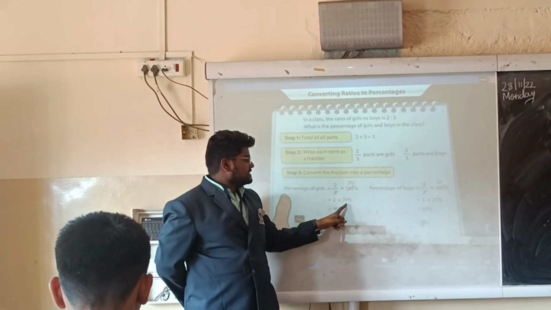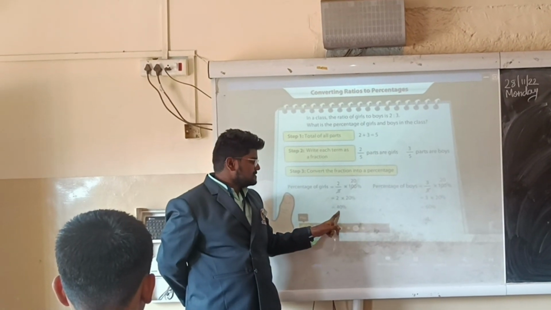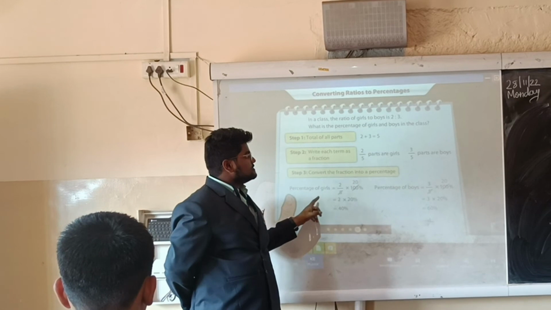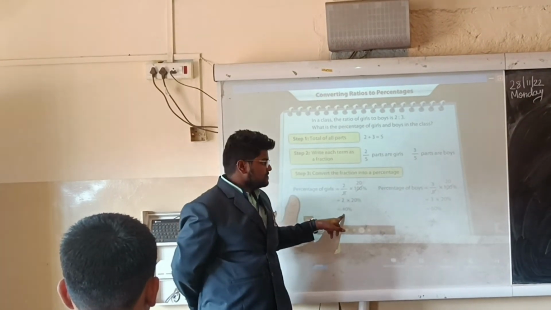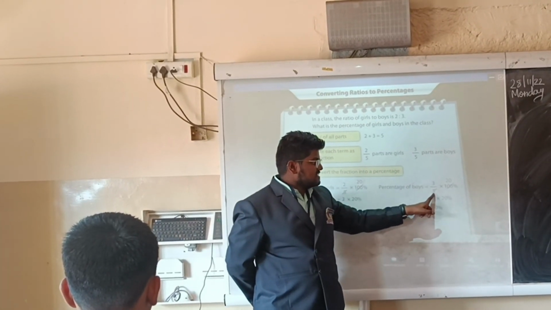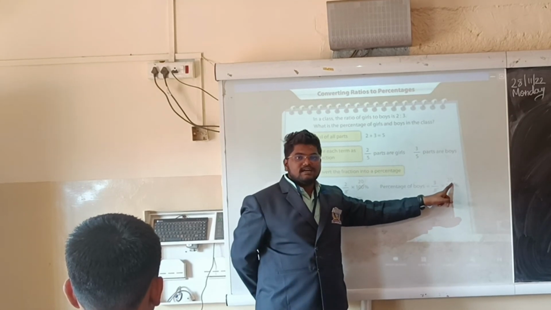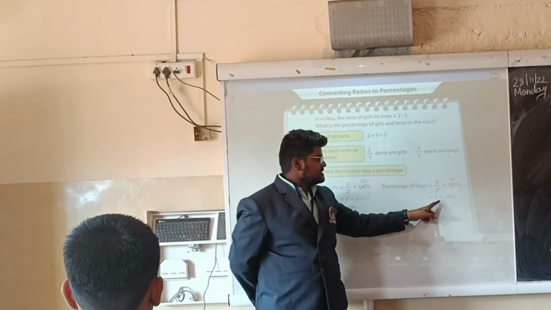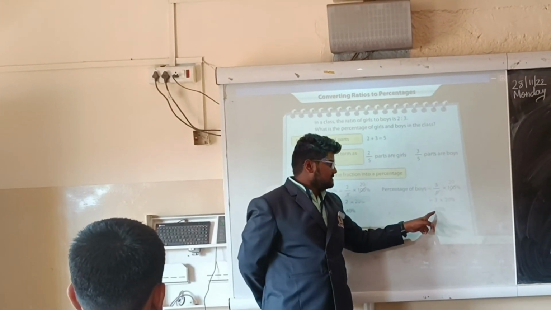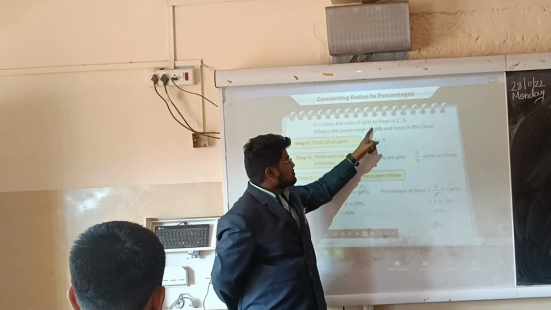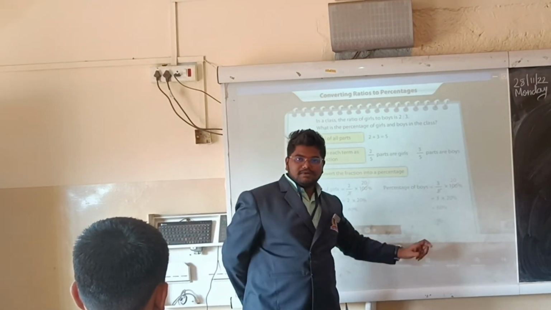Therefore, 2 multiplied by 20% is 40%, which means the girls in the class are 40%. Similarly, 5 ones are 5 and 5 20s are 100. Therefore, 3 multiplied by 20 is 60%, so the boys are 60%.